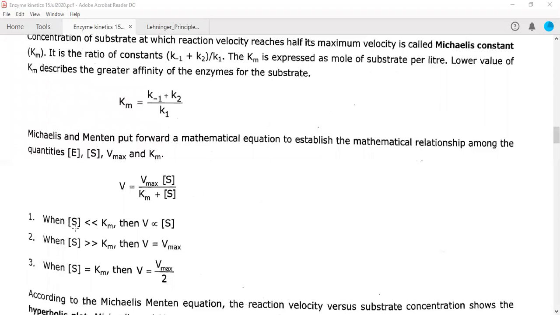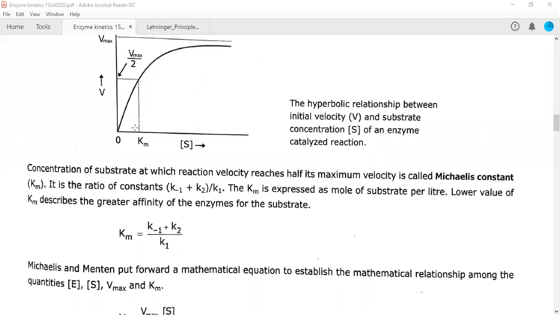First of all, the substrate concentration is very much less than Km. Suppose this is the Km for your enzyme, and you have a substrate concentration somewhere here. You have that much of substrate only. Then what should happen?